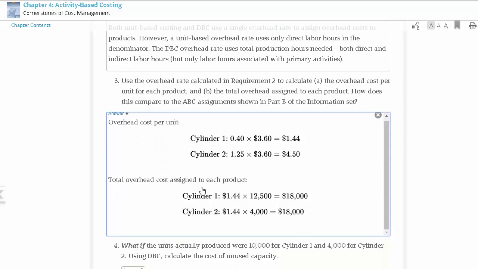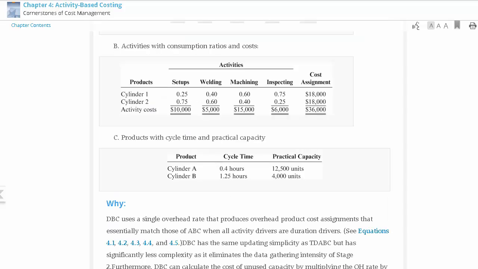Let me slide on down here. So the total overhead cost assigned to each product would be $1.44, the overhead cost per unit, times the 12,500 units, or the 4,000 units. And remember, those numbers of units came from the information on practical capacity.